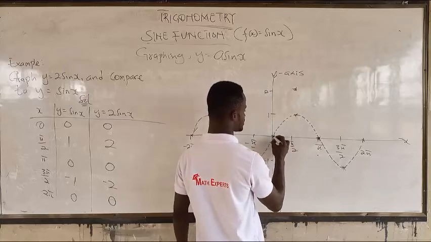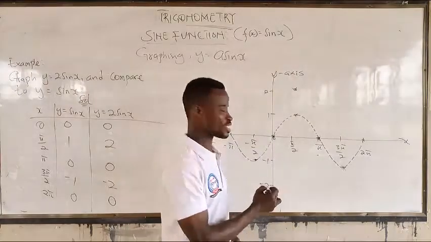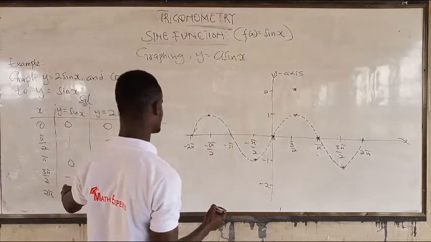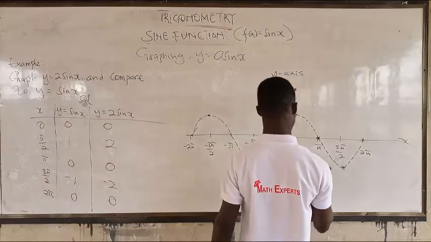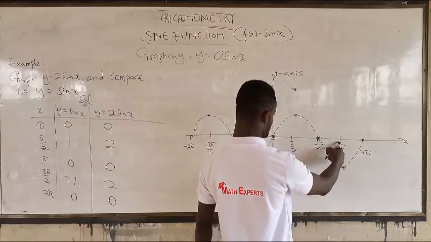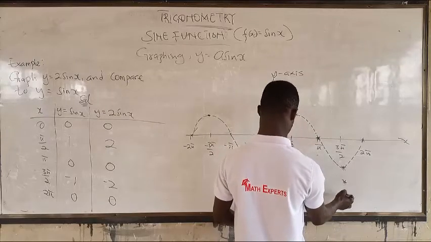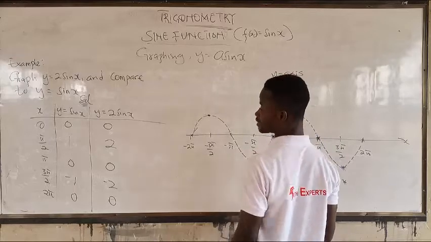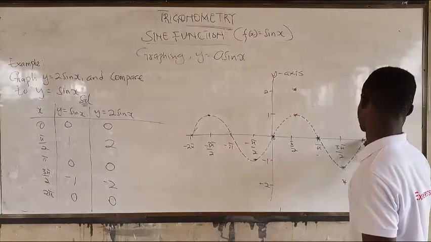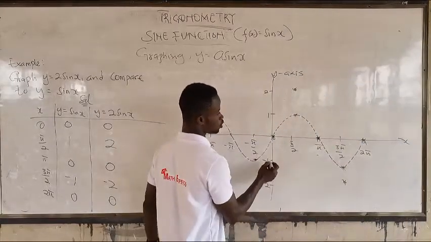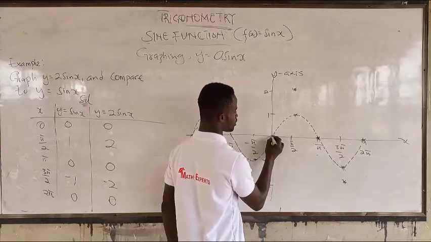So it's like this. Okay, let's finish first. At 3 pi on 2 is negative 2. At 2 pi, that is 0. So it moves this way.